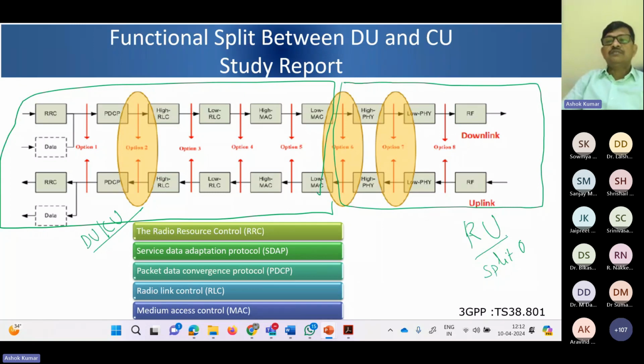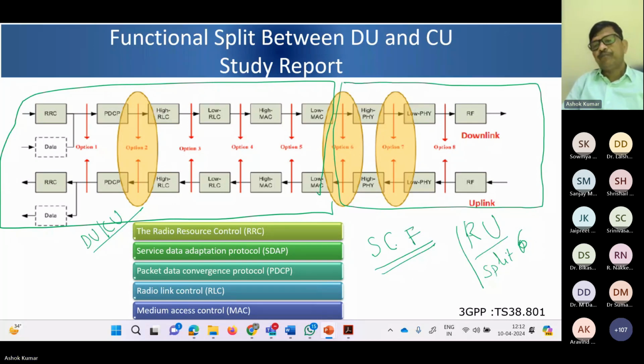This split 6 solution is promoted by an organization called SCF, Small Cell Forum. They are promoting small cell architecture, and as per them, split 6 is the best option for a small cell kind of environment.